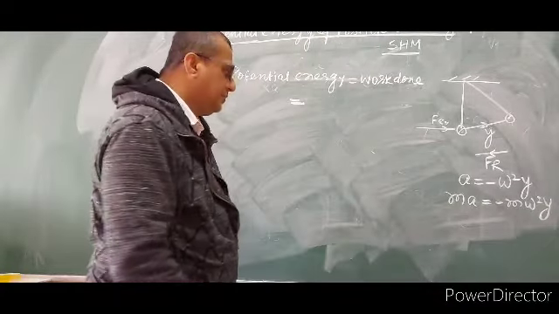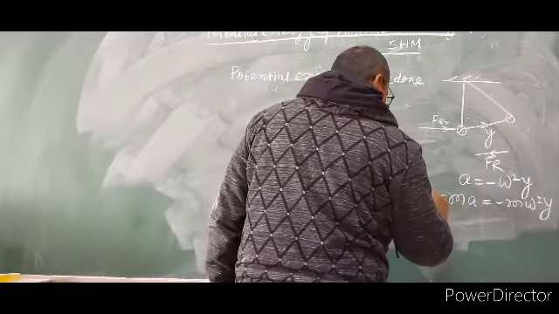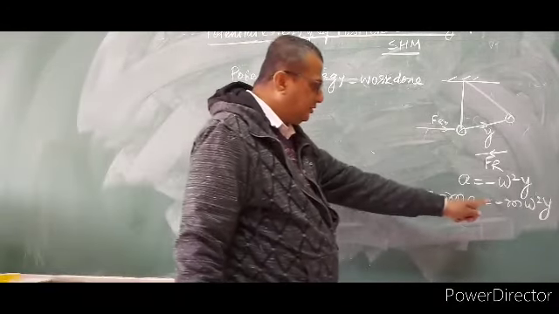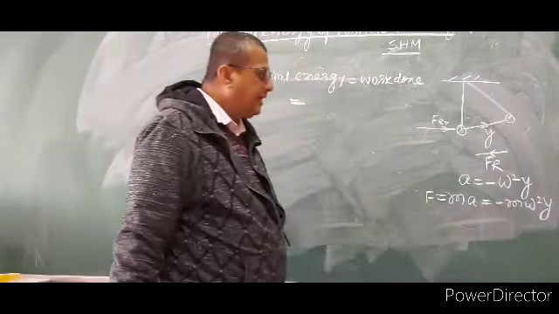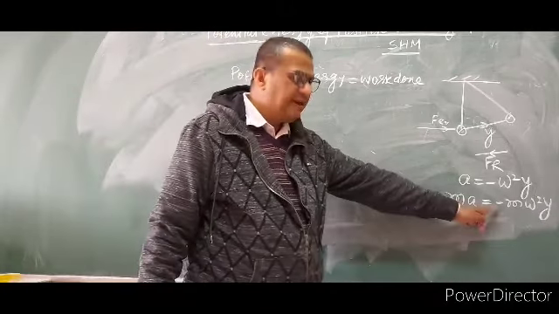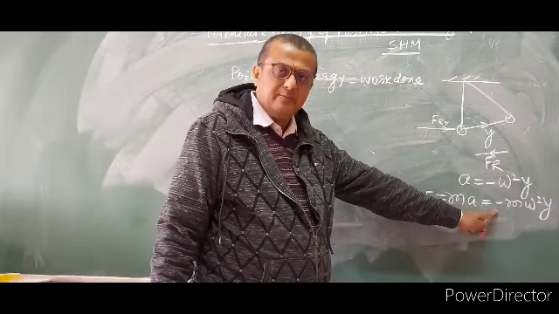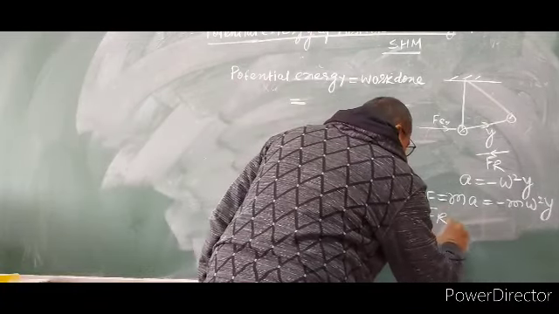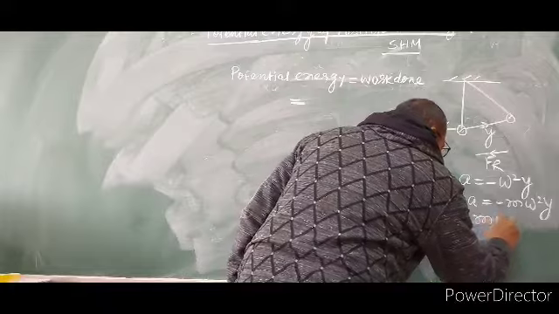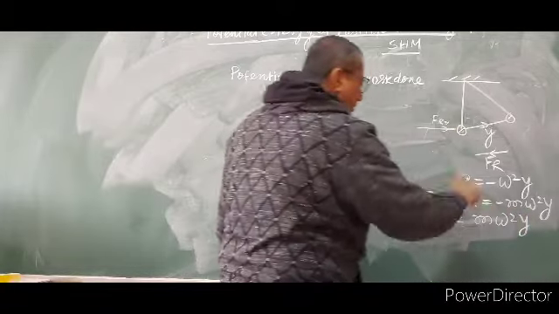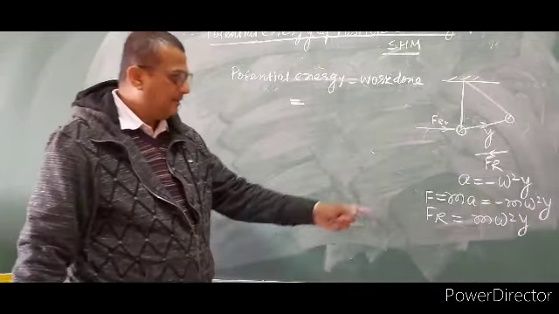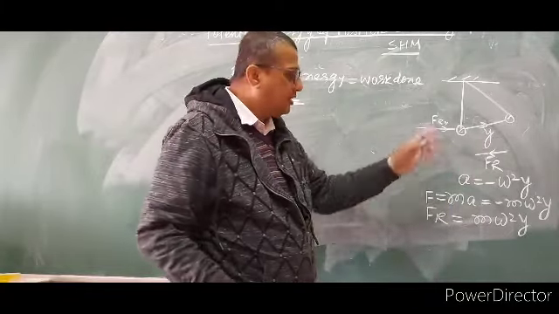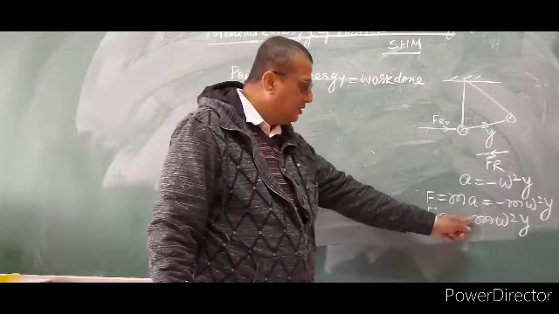And ma is equal to force. If you take the restoring force, the negative sign will be removed, so the restoring force will be m omega square y, because it will be minus of minus F, since the restoring force is opposite to the external force. So this will be positive.